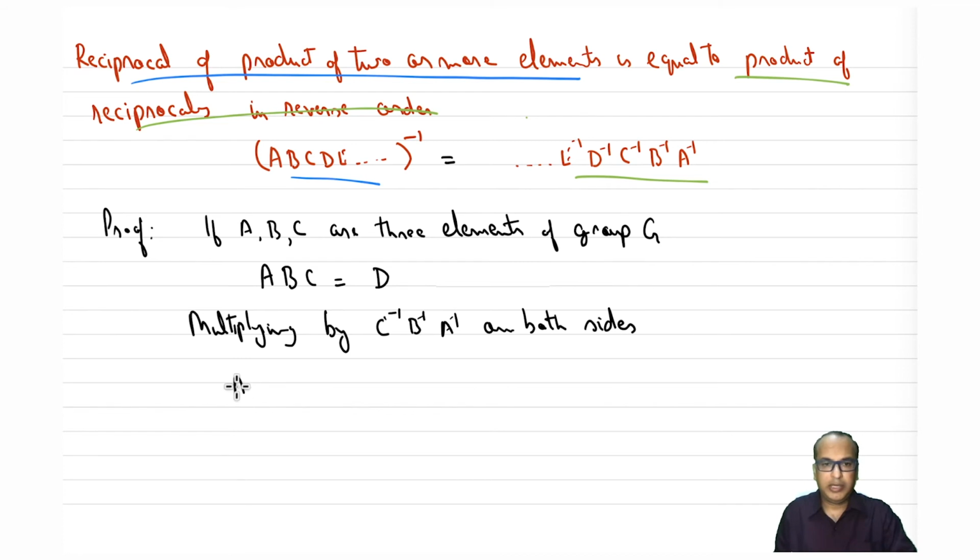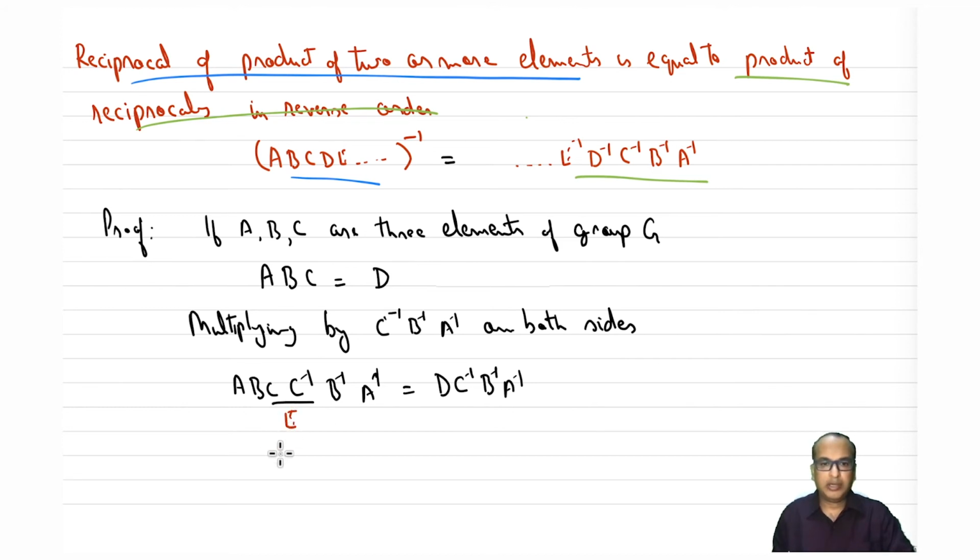Let's see. A, B, C, C inverse, B inverse, A inverse gives you D, C inverse, B inverse, A inverse, right? Now this C C inverse will become E, so I can take this out because E commutes with everything.